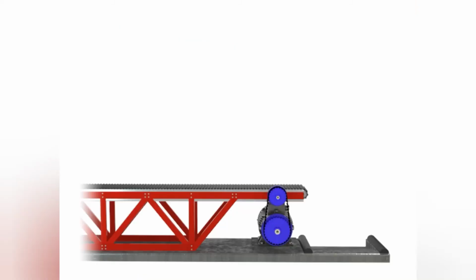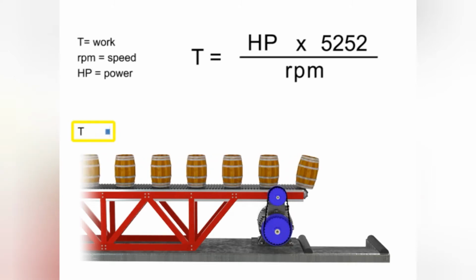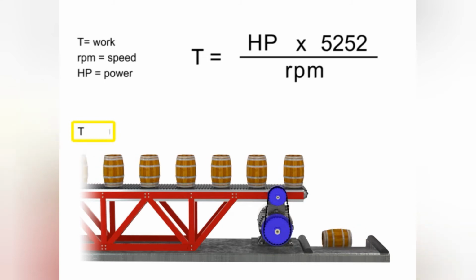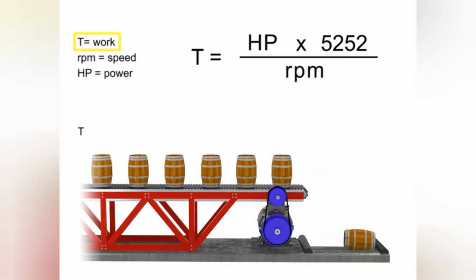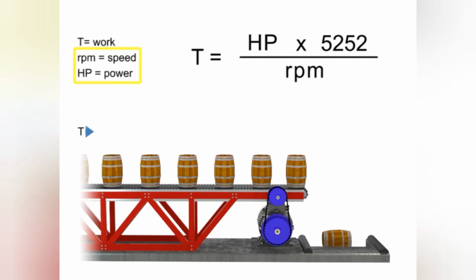You can manipulate the connection among speed, torque, and horsepower by understanding how they are related. The work accomplished here, the torque, is represented by the weight moving along the conveyor. If torque remains constant, speed and horsepower are proportional.